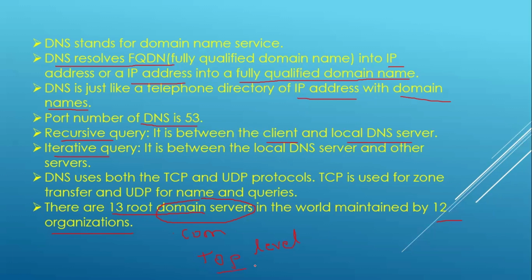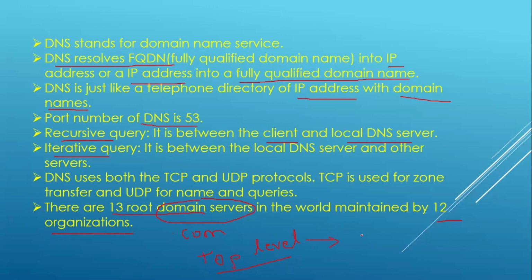When I approach this top level domain, it gives us the address of the authoritative name server. From that .com, there will be a list of different .coms. So I get the address of google.com, and then I will access this google.com.